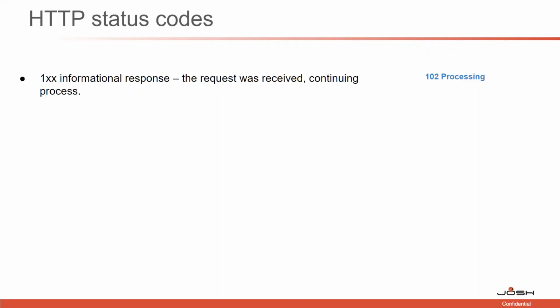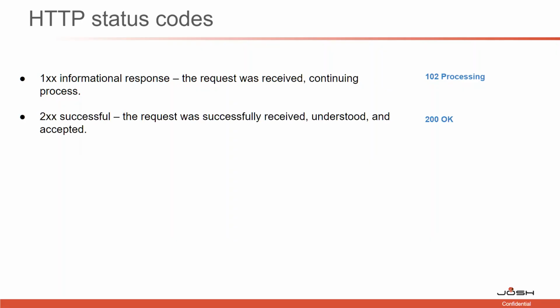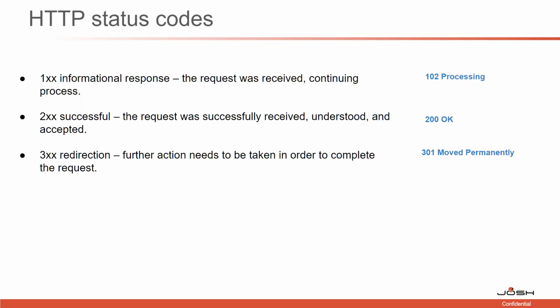These are generally used to denote that the request was received and we continue the process. For example, 102, which means processing. We have received your request, we are processing it. Second is the most commonly used, 2XX. That means the request was successful. We received, understood, and accepted your request.